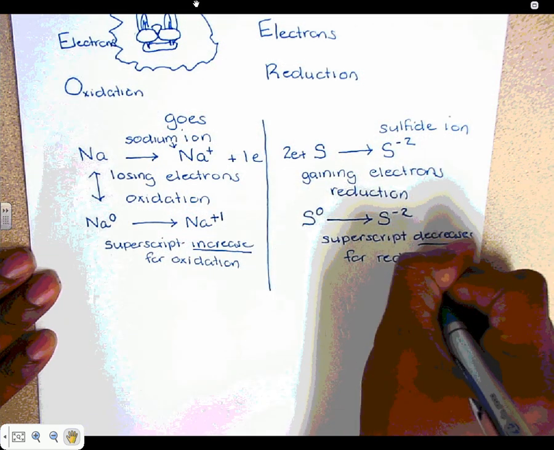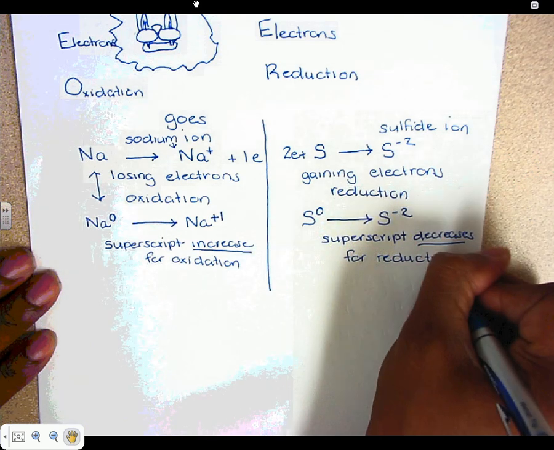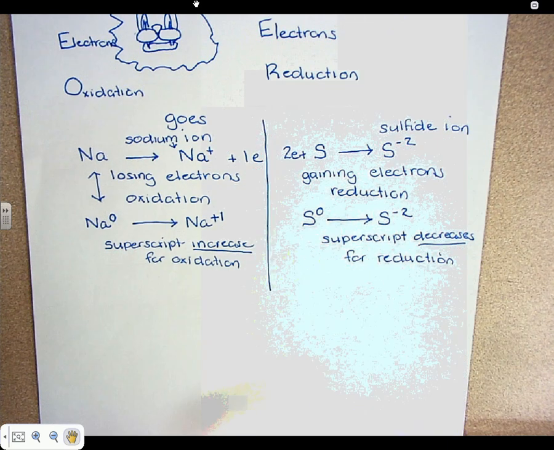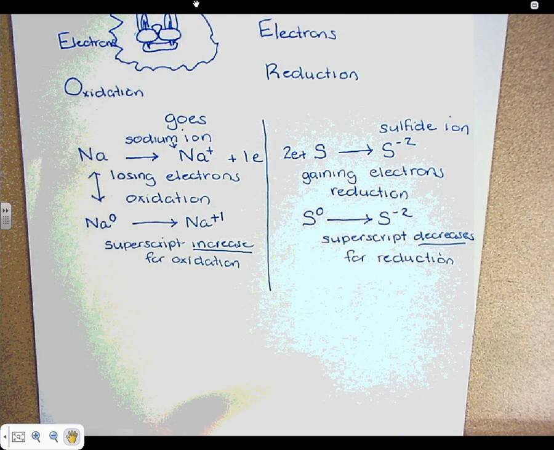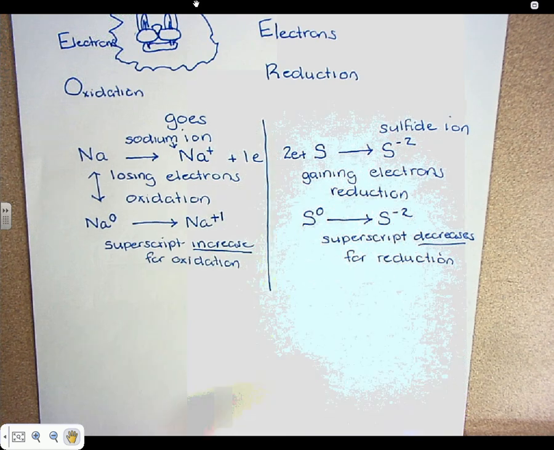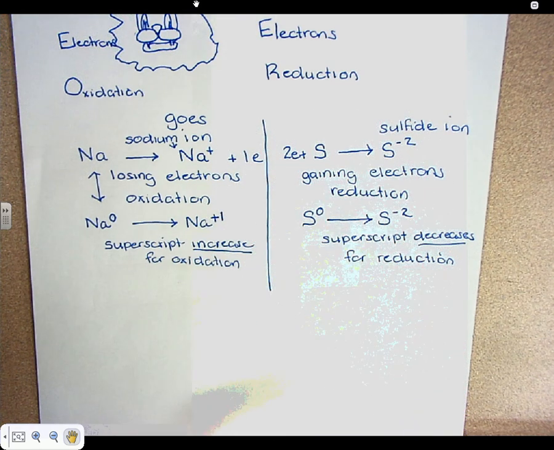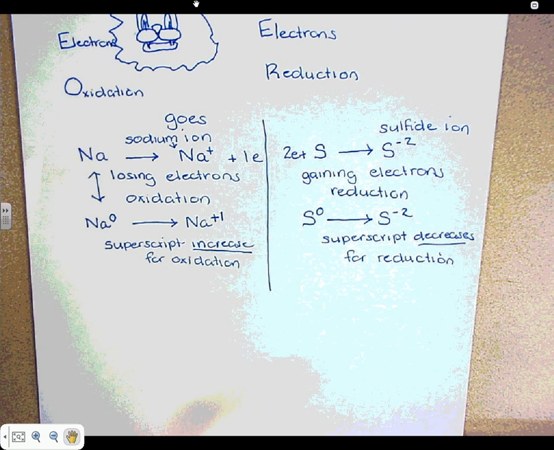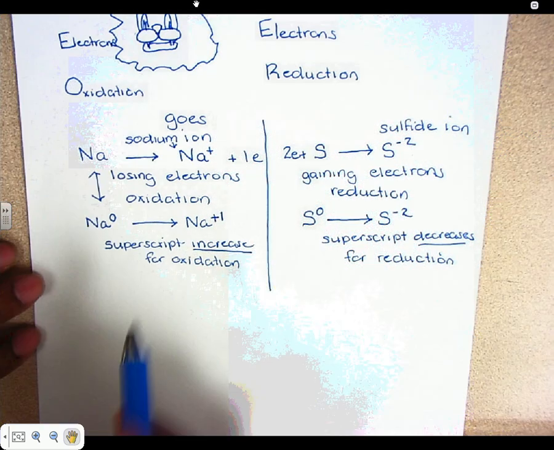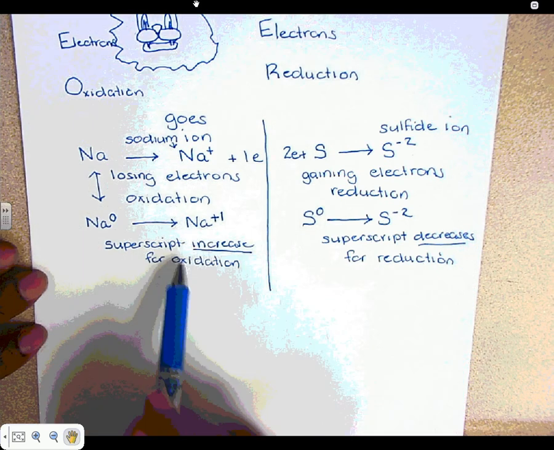And so part of the trend when you're identifying an element and its tendency or behavior is which side of the periodic table it is located on, and also looking at what it's doing as a process of its charge. If that number is increasing, it's going to be oxidation.